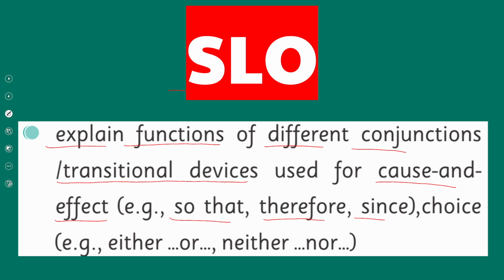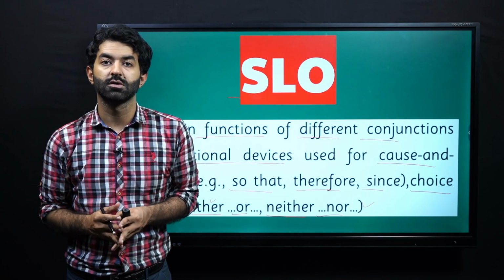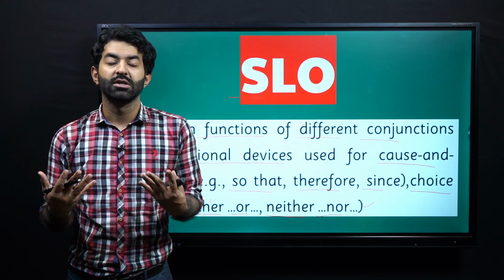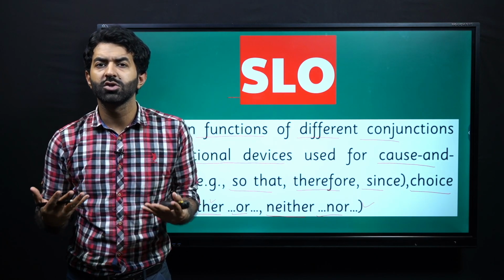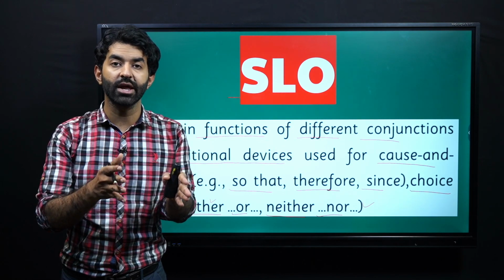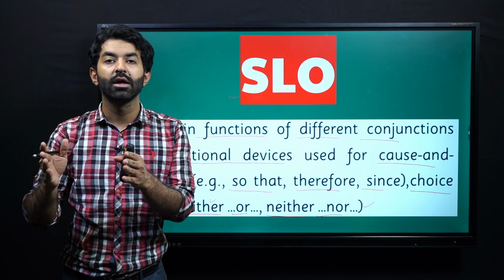And we have some conjunctions or transitional words that show choice. They are either, or, neither, nor. So they are like correlative conjunctions, but they are used for choices. So students, when we are talking about conjunctions, they are also called transitional devices or transitional words because we are transitioning from one idea to another.